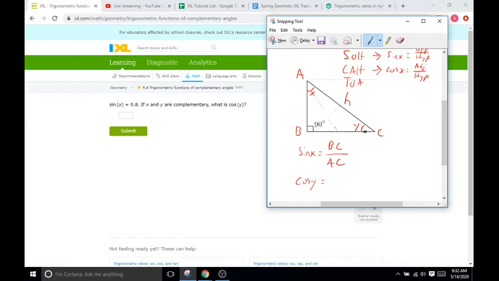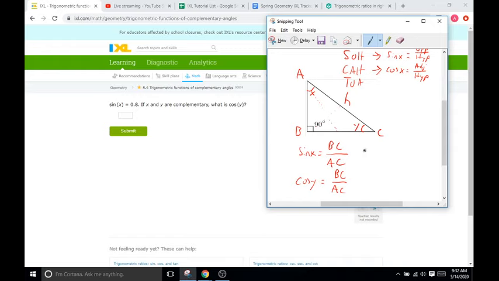So what side is touching this angle? Well, we have this side here and we have the hypotenuse. And the hypotenuse is always by itself. We don't touch that. So when we're talking about adjacent, we're talking about this side right here. So the adjacent side to angle y is going to be BC. And then, of course, it's adjacent over hypotenuse, and the hypotenuse is AC.